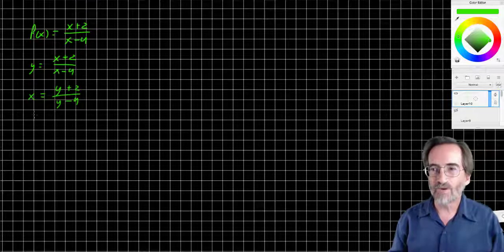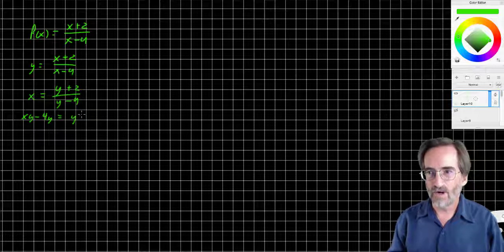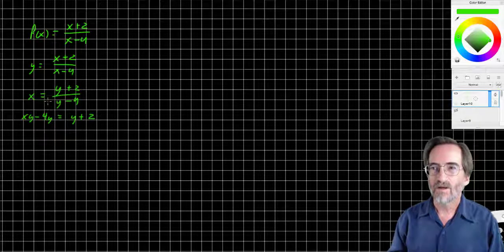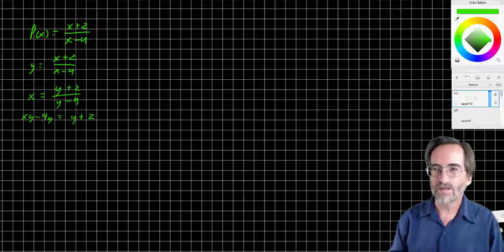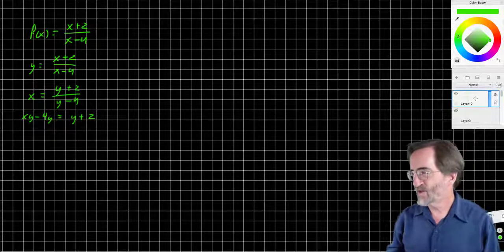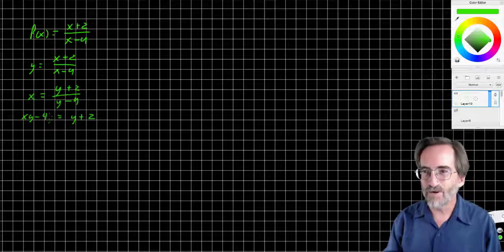So multiply both sides by y minus 4. I get xy minus 4x equals y plus 2. I knew there was something weird.